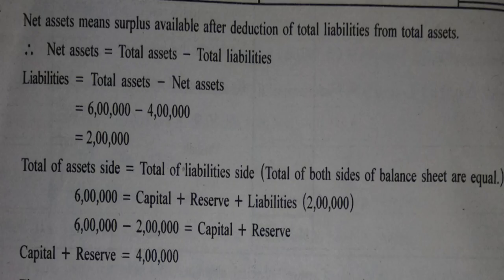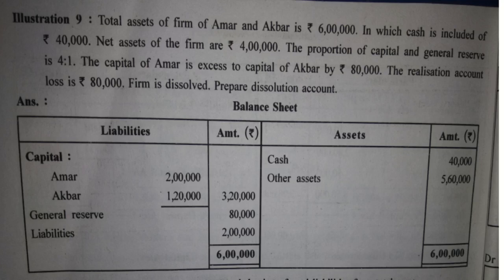So let us write it down in the balance sheet. Capital is of 3,20,000. Reserve is of rupees 80,000. Now the question is, from 3,20,000, what is the amount of capital of Amar and Akbar?